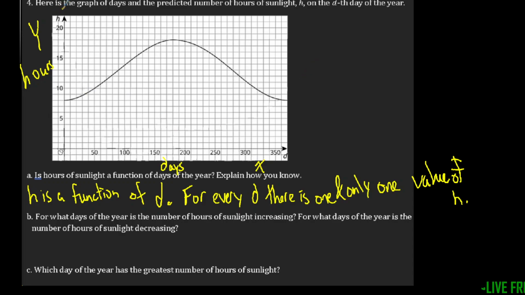Then for part B, it says for what days of the year is the number of hours of sunlight increasing. So if we look at our graph, notice how it kind of changes at this point here. What I can do is I can actually label that. That's going to be 180, 18. And so we're going to say, it's increasing. So let's say from 0 to 180, it is increasing.